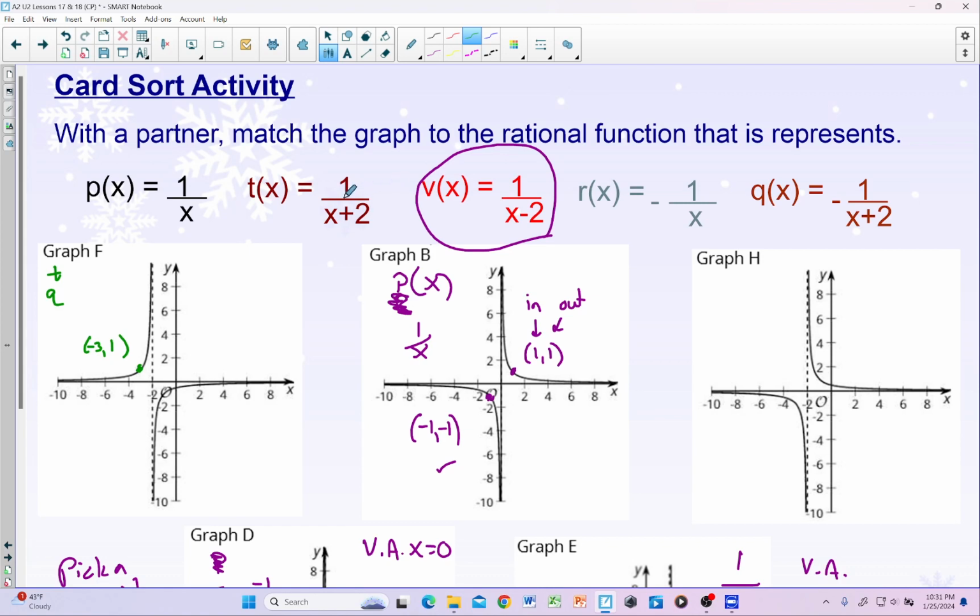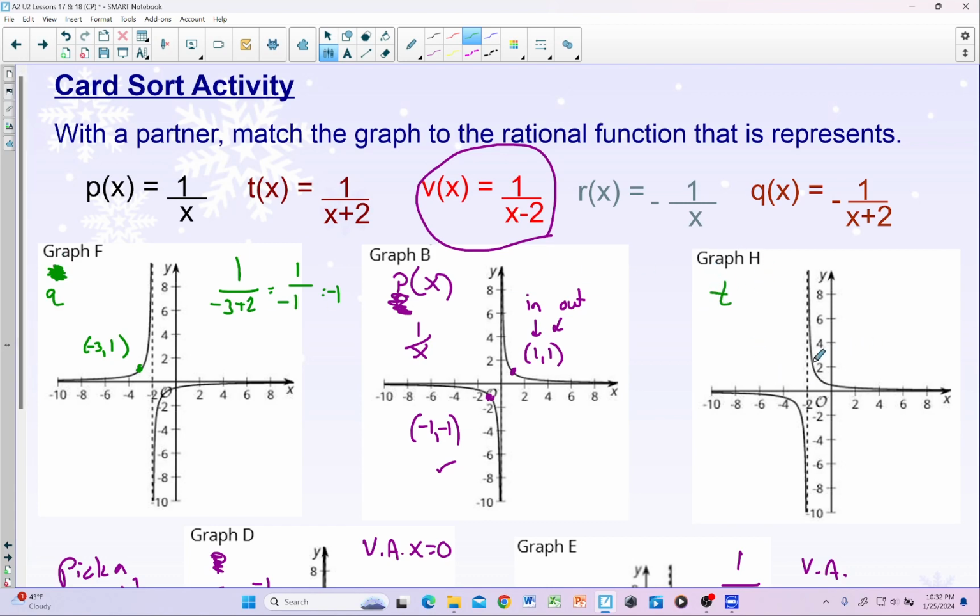Let's start with 1 over x plus 2. I would get 1 over negative 3 plus 2, which is 1 over negative 1, that's negative 1. Not that one. This one has the negative, which causes that sign change and turns it into a positive 1. So this one's Q, and this one must be T.